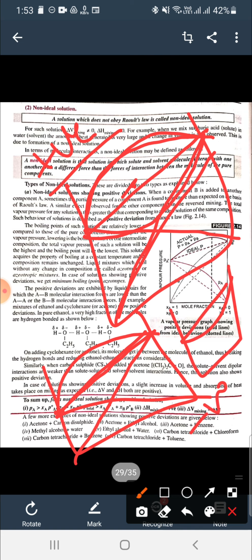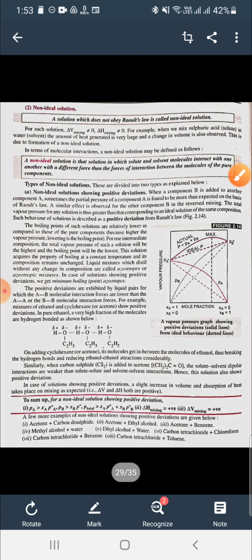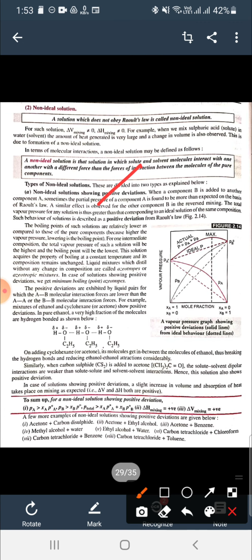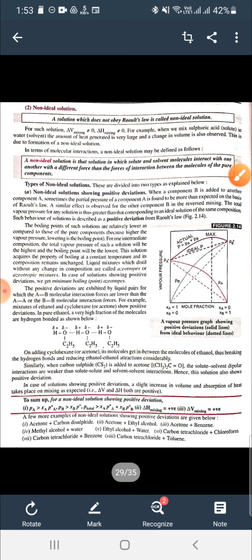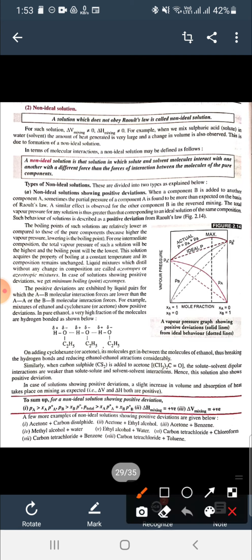When the vapor pressure increases, that is known as positive deviation, and when the vapor pressure of the total solution decreases, it is known as negative deviation. Here the curve goes like this, but we think it must go in this way. Deviation means not following the path.